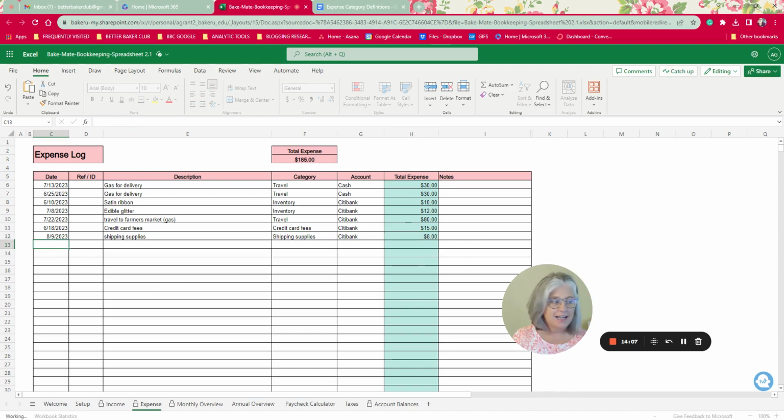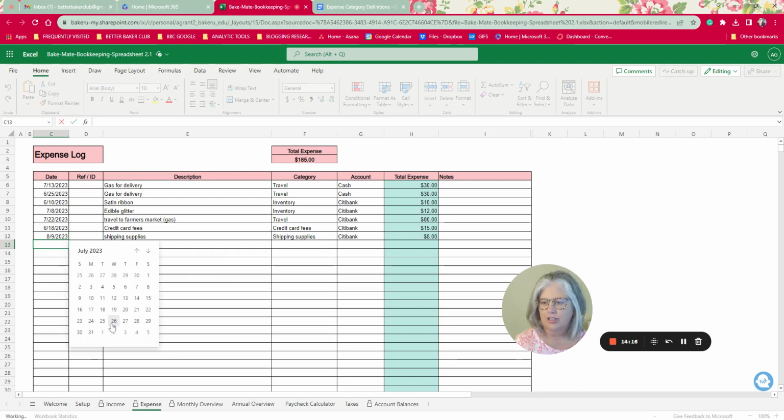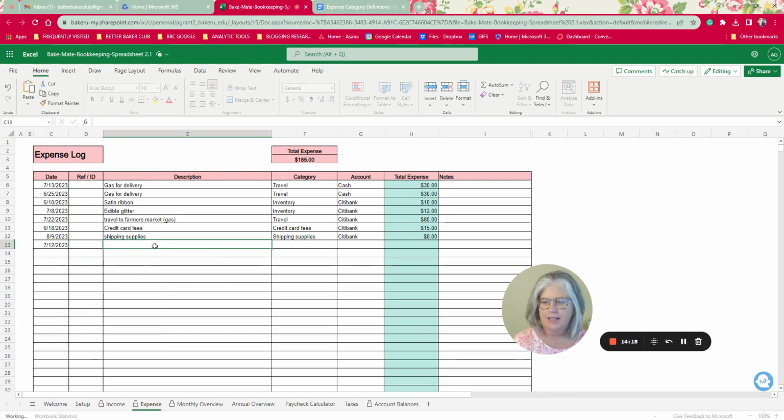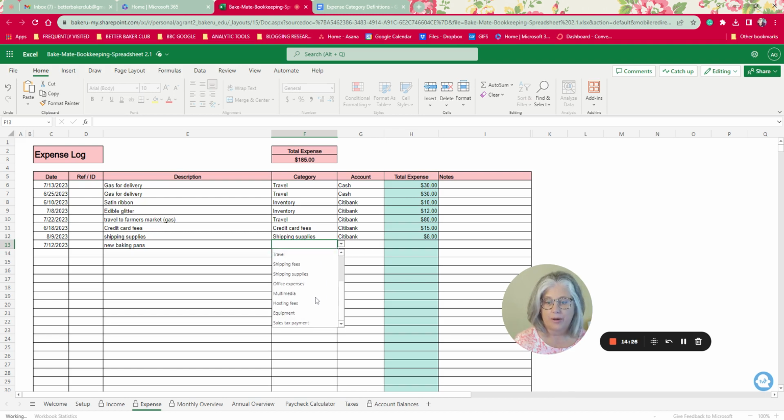All right, and then my next expense is July 12th, I spent $95 on new baking pans. So let's log July 12th, and these are going to be new baking pans. And new baking pans are considered equipment in your business, anything that you need to buy that you're not going to use up.